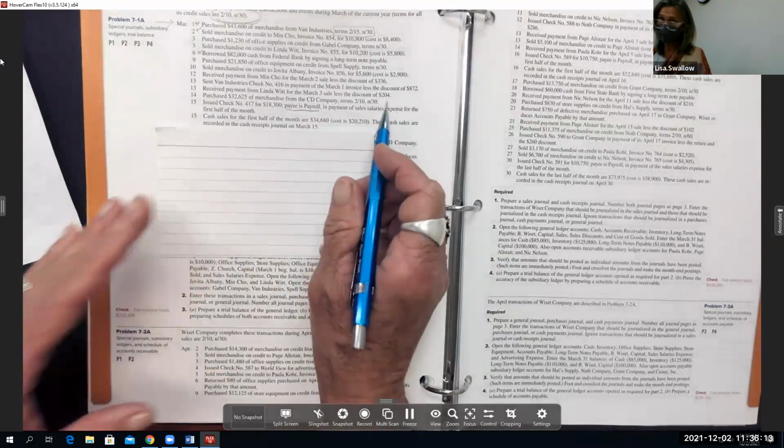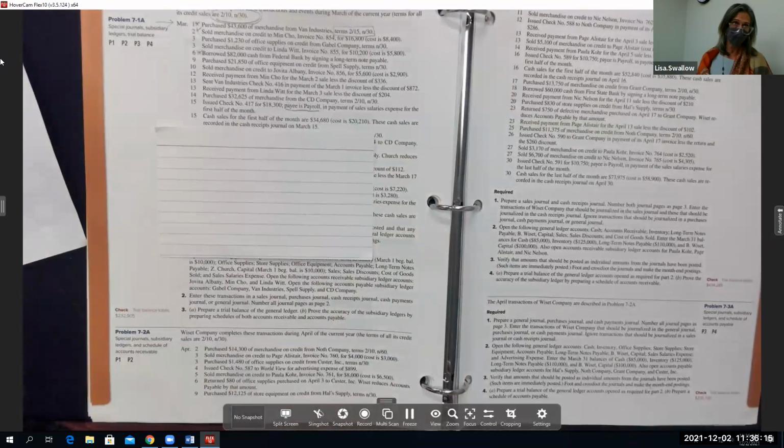I'm recording these. What journal do you think I'm going to go to to record my cash sales for the first half of the month? Cash receipts. So go to your cash receipts journal, you guys. I'm a retailer, so anytime I make a sale, whether it's cash or credit, I've got two journal entries. See if you can figure that one out.